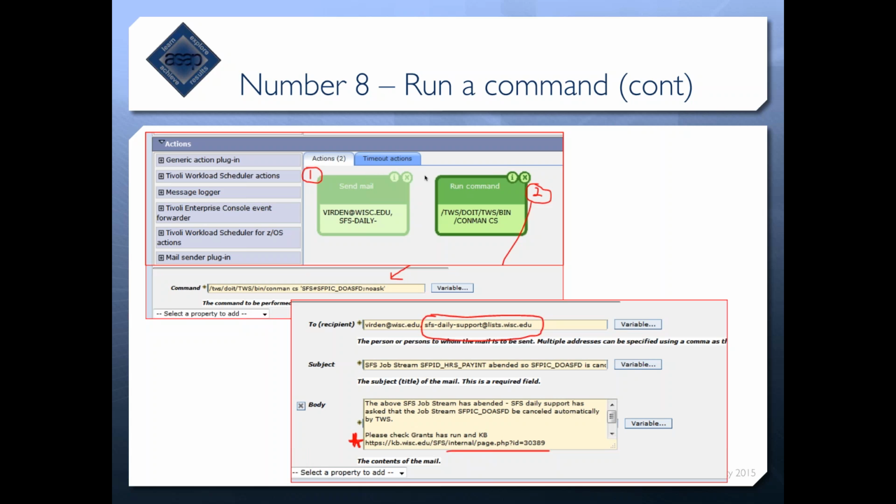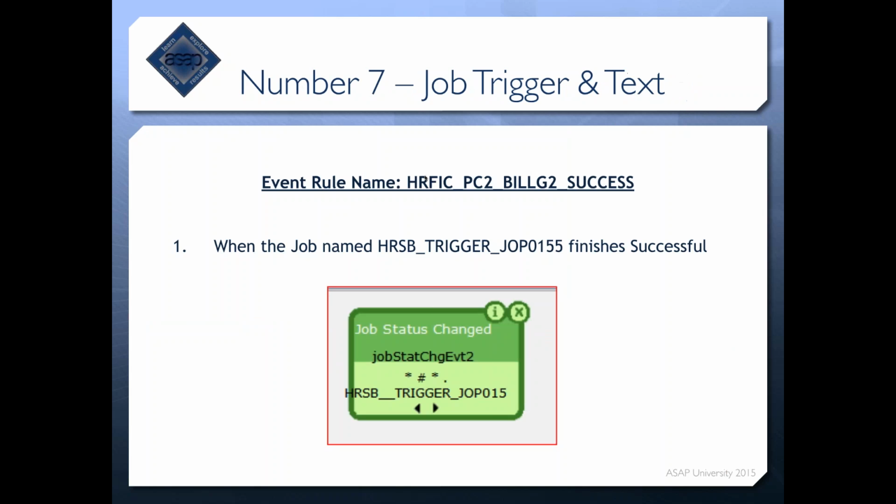If you do it without the no ask, it will prompt and say, do you really want to do this? What you really want to do is put the no ask and say, yes, I want it done, because at 2 o'clock, 3 o'clock in the morning, even the operators don't really want to deal with it. So it's much easier to just do it automated, because they were happy just saying, just cancel it, we'll take care of it the next day. And so then, of course, we send out a message saying that that stream was canceled. That way they know about it the next day.